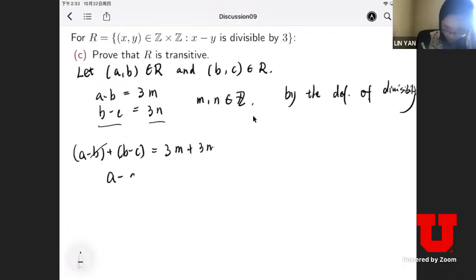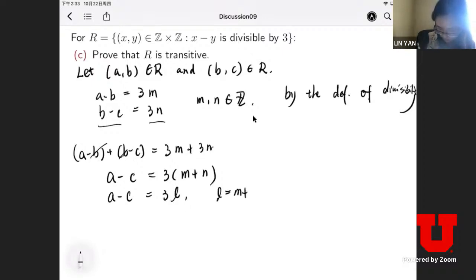We have a minus c is equal to 3m plus 3n, which is 3l, where l is equal to m plus n, and l is an integer. This is by the closure property of integers.